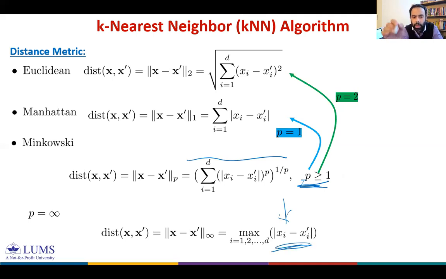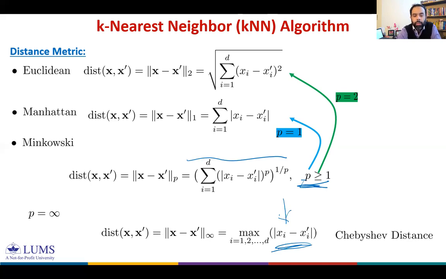This is the difference along the ith dimension. You take the absolute value of the difference and you take the maximum over all these differences. So this gives you the infinite norm. So what is the infinite norm? The maximum of the absolute values of the differences. In literature, the infinite norm is also referred to as Chebyshev distance.